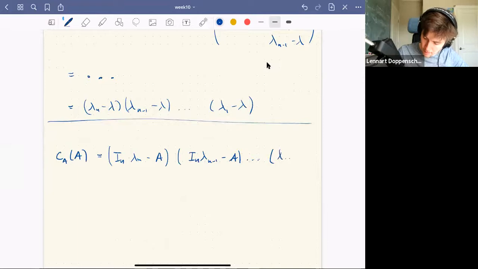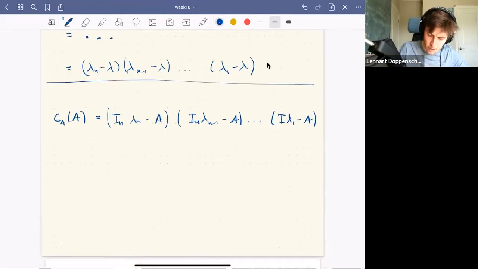And then finally we have I times lambda 1 minus A. So now what will each of these factors be?